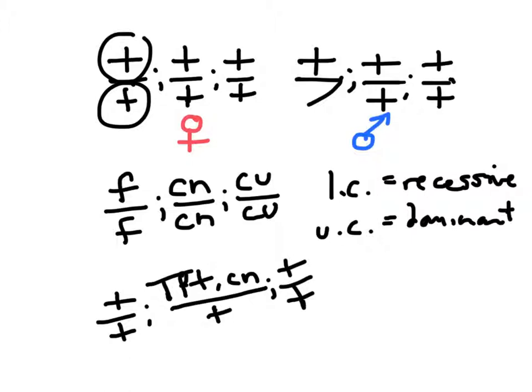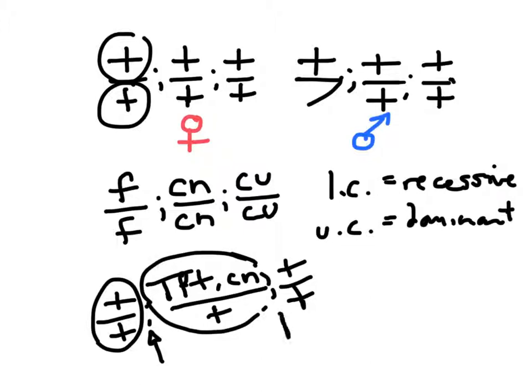So note the way we use separators here. Semicolons are used to separate different homologs. We have the first chromosome pair separated by a semicolon from the second chromosome pair, and then there's a semicolon separating it from the third chromosome pair. Within a chromosome, within a homolog, we use a comma to separate different genes.